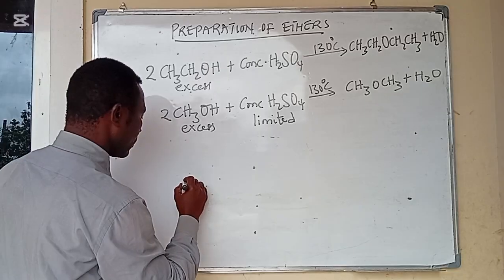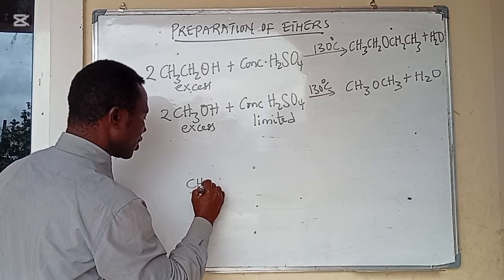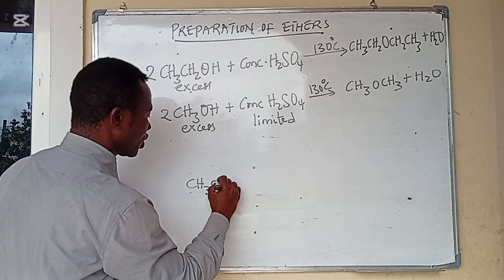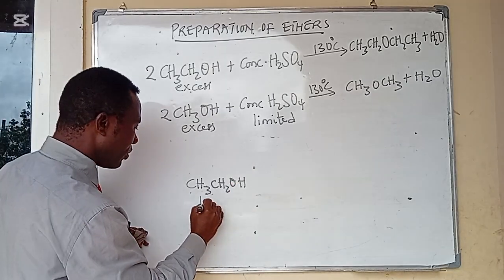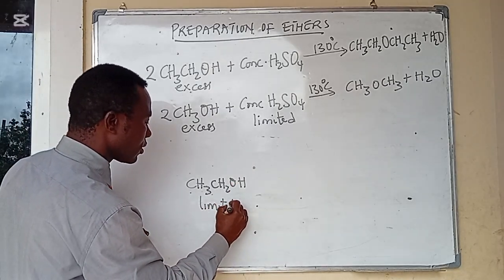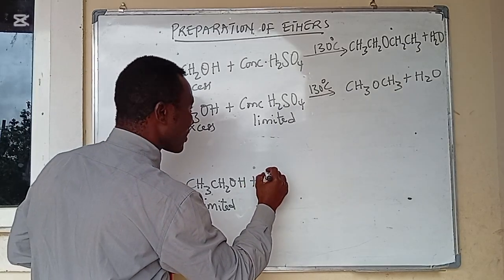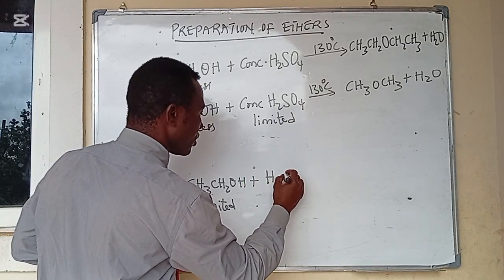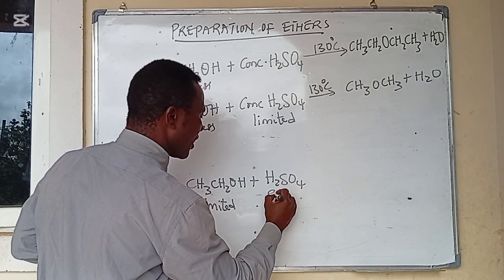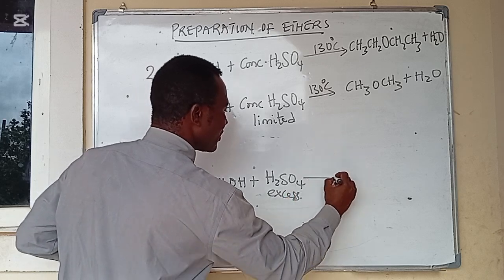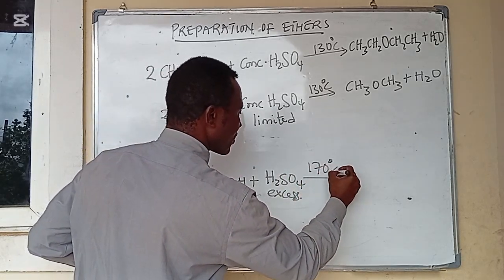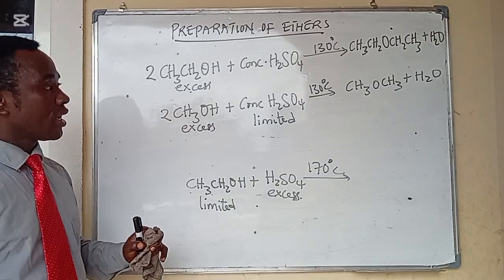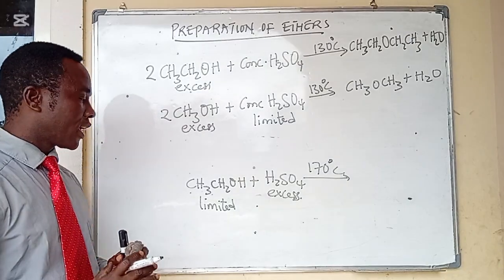If you take ethanol CH3CH2OH to be limited, and you take the acid H2SO4 to be in excess, and the temperature becomes high, 170 degrees Celsius, you are not going to get ether.